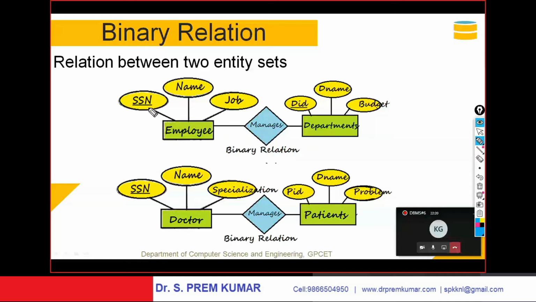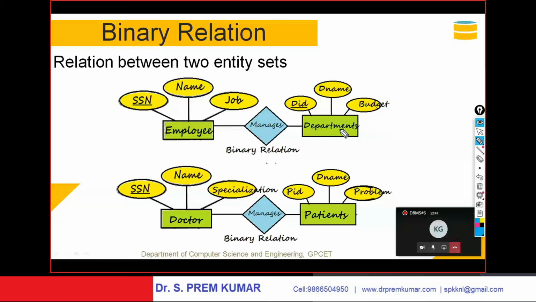With the help of employee number, that is social security number, SSN, employee name and job designation. He may be a manager, clerk, peon, office boy or officer, whatever it may be. So an employee is identified with some attributes. These are called attributes: SSN, that is social security number, or we call it employee number, name and job.